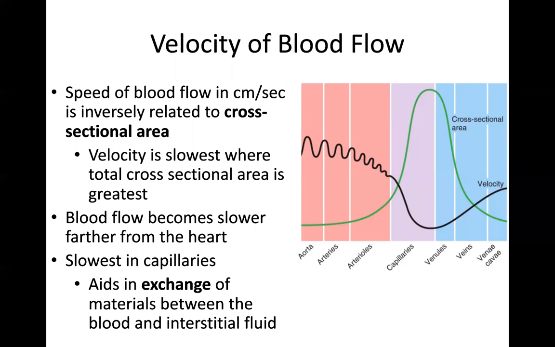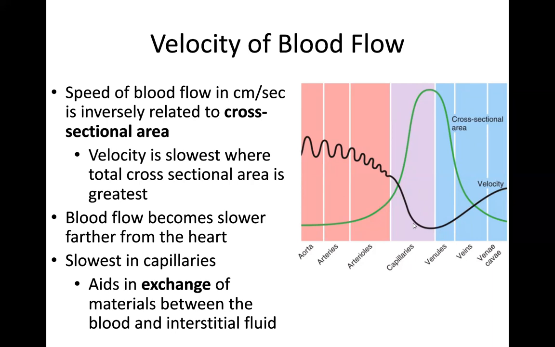Therefore, where cross-sectional area is the highest, where we have the most blood vessels, our capillaries and our venules, the speed at which that blood is flowing is the lowest. If it's high cross-sectional area, velocity is lowest.